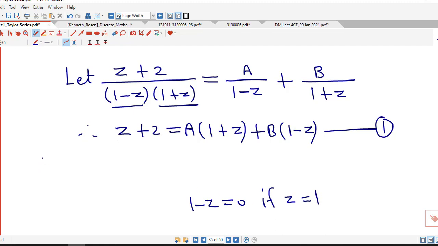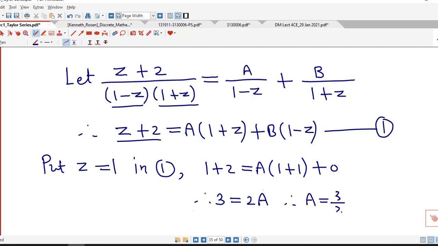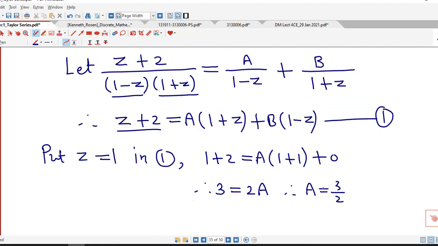So first we put z equal to 1 in equation number 1. On the left hand side we have 1 plus 2 equal to a into (1 plus 1) plus 0. Therefore 3 equal to 2 times a, so the constant a is nothing but 3 by 2.